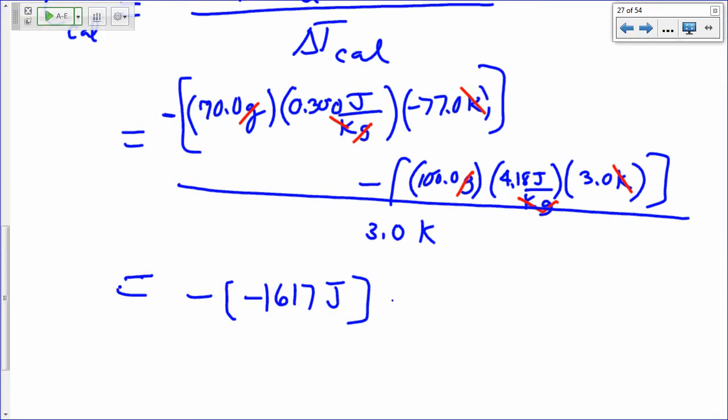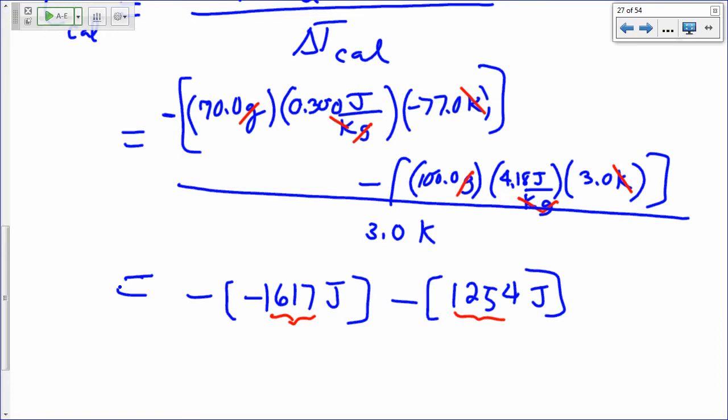Minus Q of water is how much? 1,254 joules. Positive. Why positive? The water absorbed heat. So 1,600 went out of the metal, but only 1,200 went to the water.